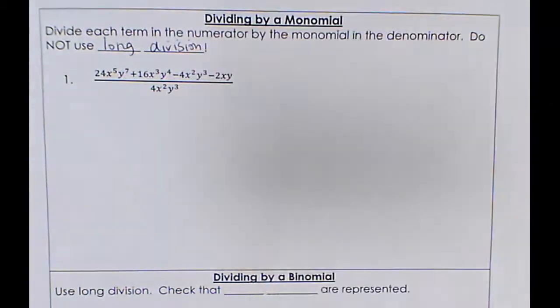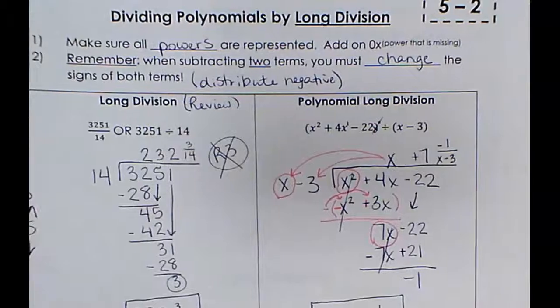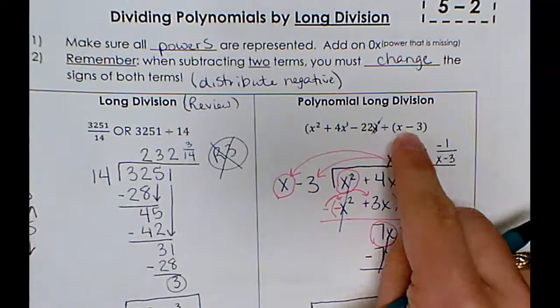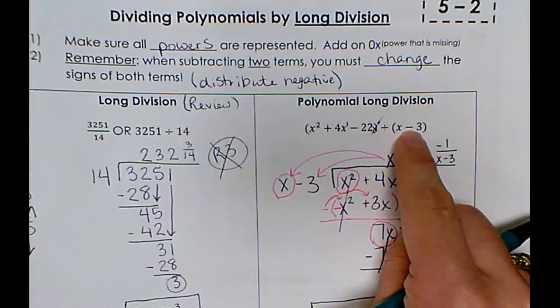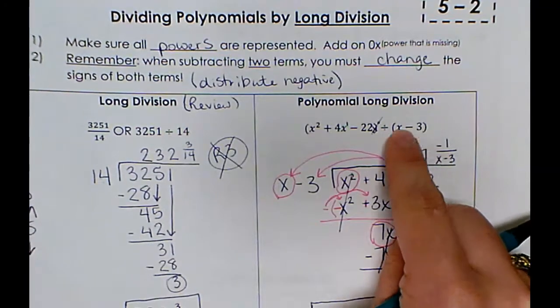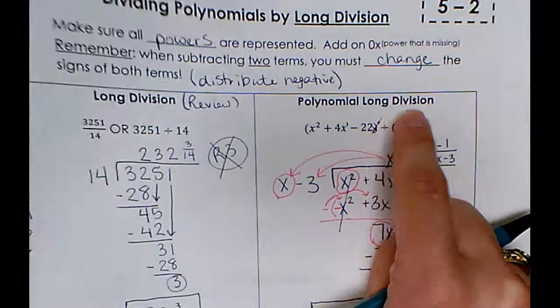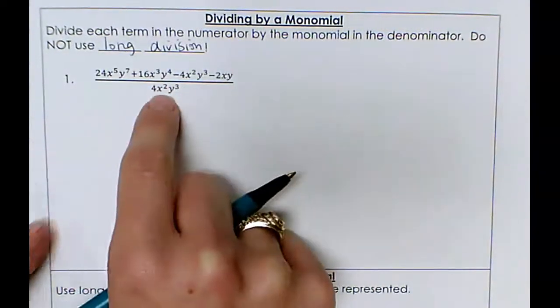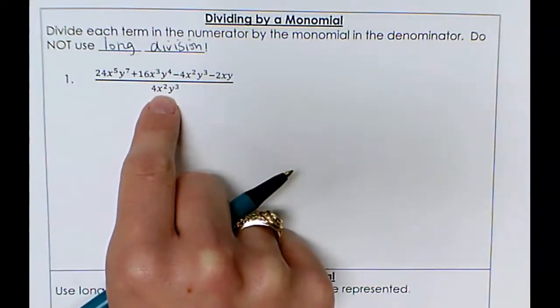So let's talk about the difference between this problem and the previous problem. The previous problem was dividing by x minus 3. This is a binomial because it has two terms separated by a plus or minus sign. So this is a binomial you're dividing by, and you use long division. But here, I have a large polynomial, and I'm just dividing by one single term.